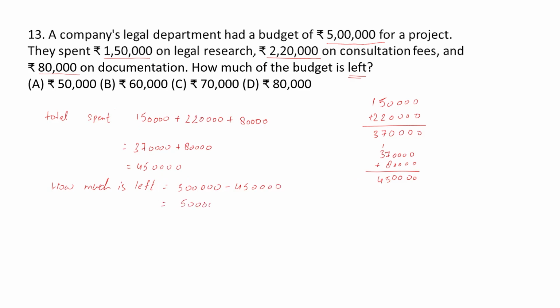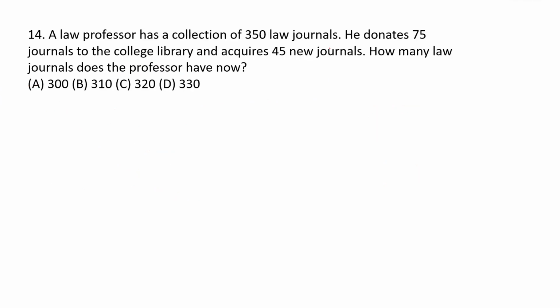So they are left with a budget of 50,000. So option number 1 is correct. So see, the legal department has a total budget of this much. They have spent this plus this plus this. How much is left? So subtract all the expenditure from the total budget. That's all.